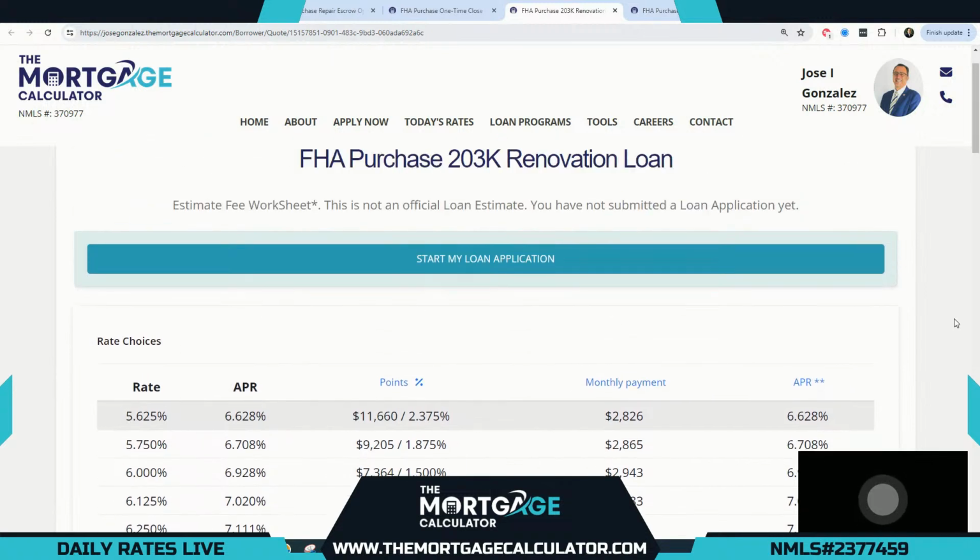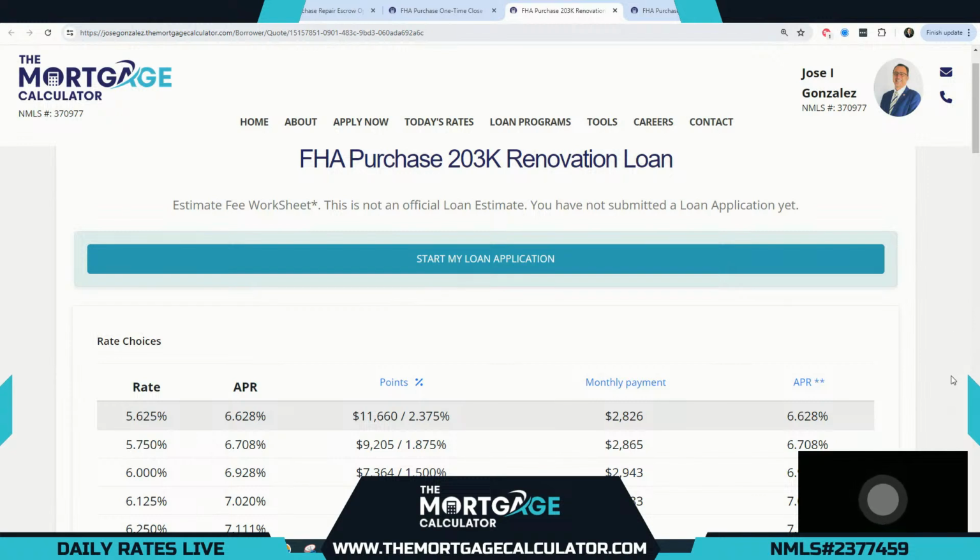Well, here's a great option: your FHA 203K renovation loan. This loan allows you to purchase a property that may have damage that normally would have had to be purchased cash. Now you can buy a property maybe with code compliance issues, right? It would have been a cash deal, liens because of the code compliance, whatever it may be.